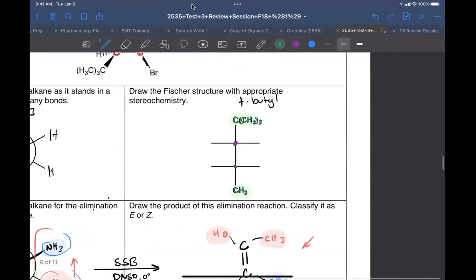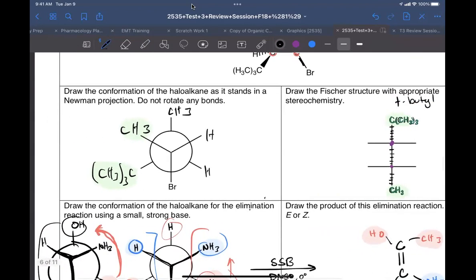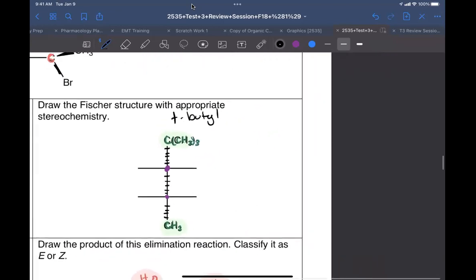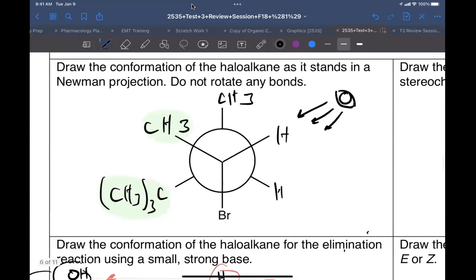Well, we know from test 2, all right, anything on a vertical line is dashed and they're away. So if we're looking at the Newman projections, let's pretend our eyesight was up here and we're looking down. This is that top-down view already. We're looking down at this. Our t-butyl group and our methyl group are facing away from us.